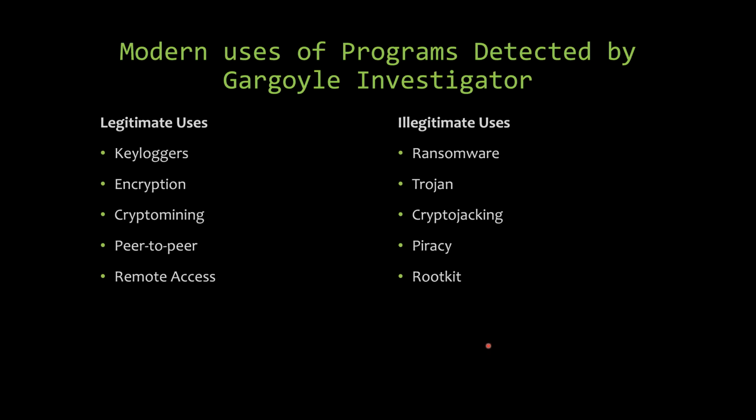So some legitimate programs and legitimate use cases over here on the left. Keyloggers, of course, can be used for corporate device monitoring, but they of course have an illegitimate use case as well. And so it's important to be able to differentiate, if your use case requires a detection of something like that, whether it would be considered a legitimate use case for a keylogger, or an illegitimate use case in which it would be stored on a system and the user is unaware of such logging taking place.